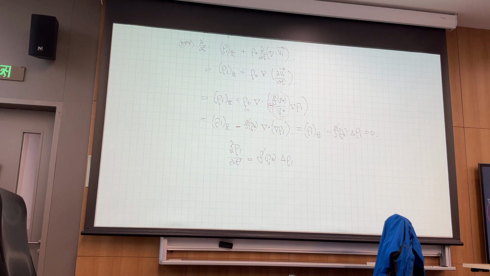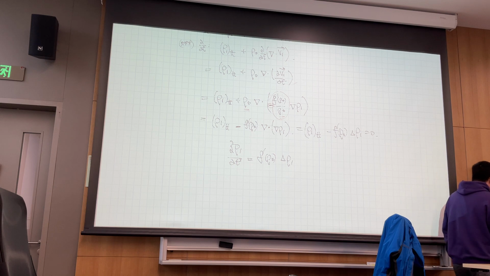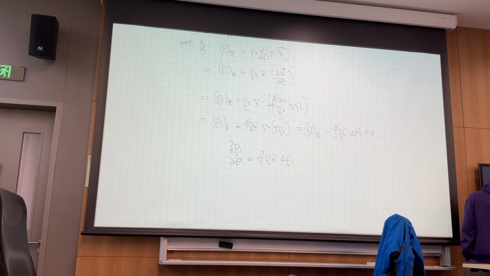So for example, if I have a v over here as the something, then it has to be partial x v1, and partial y v2, and partial z v3.